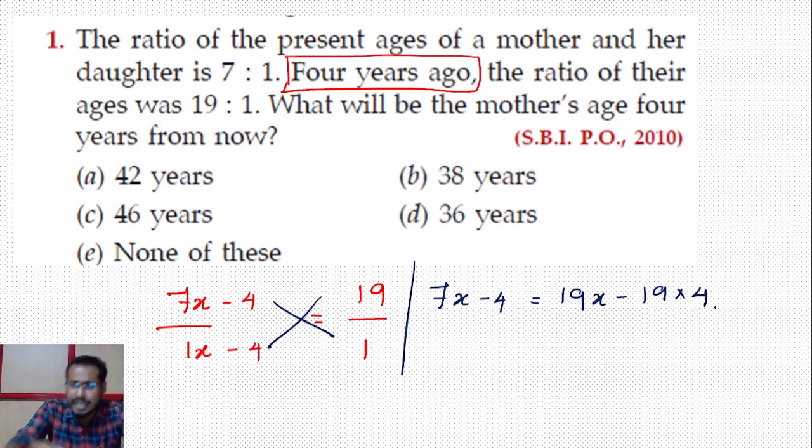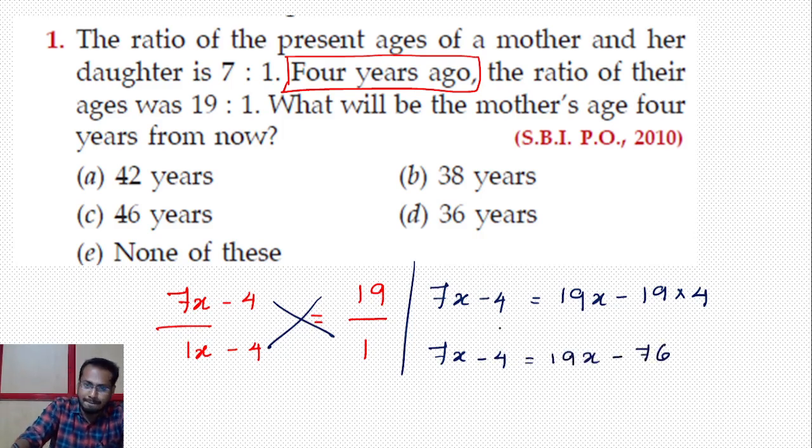Let's take 20 into 4, that is 80, subtract 4, that's 76. So 7x minus 4 is equal to 19x minus 76.